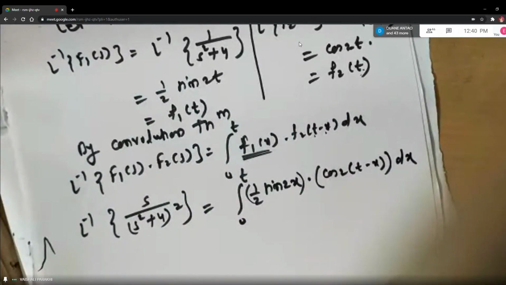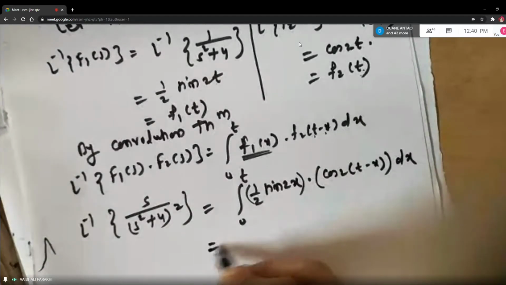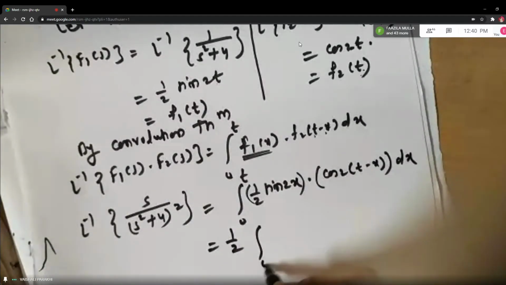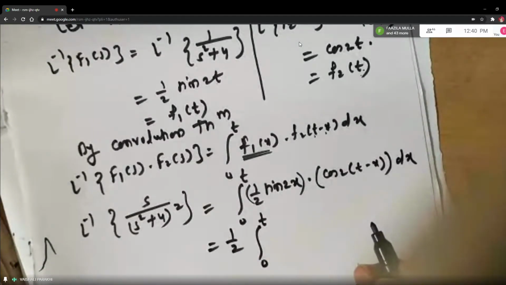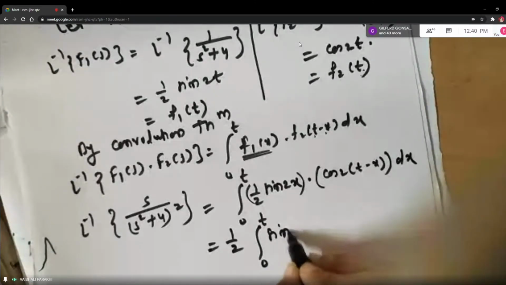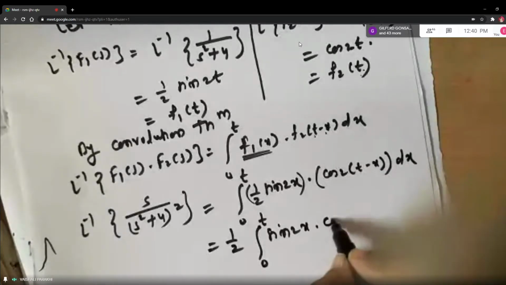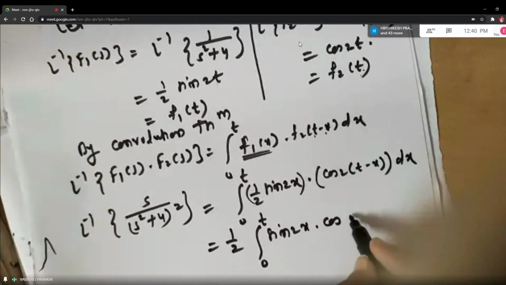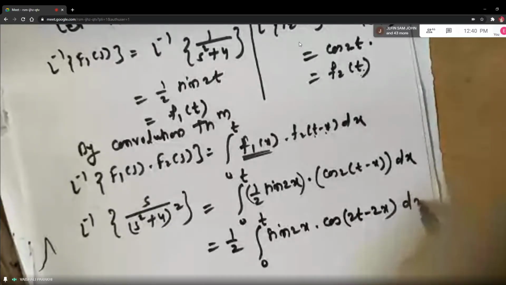Okay. And now it is the question of your integration. Take half out. Once you reach this step, further things are your basic knowledge of integration. Now nothing is new. Sine of 2x into cos of, this is 2, no? So multiply first. It will be 2t minus 2x dx.